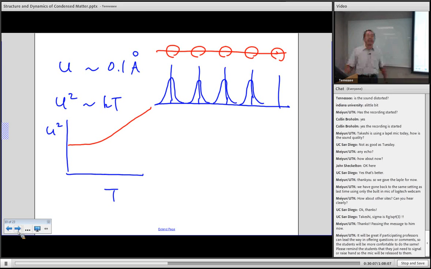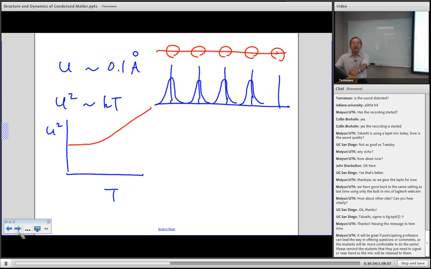We will do that later on when we discuss phonons. So today, we just think that the atoms are distributed, with an amplitude of 0.1 angstrom around the average position.